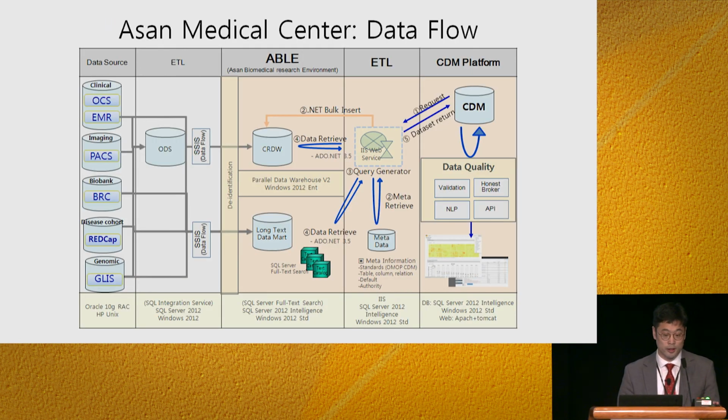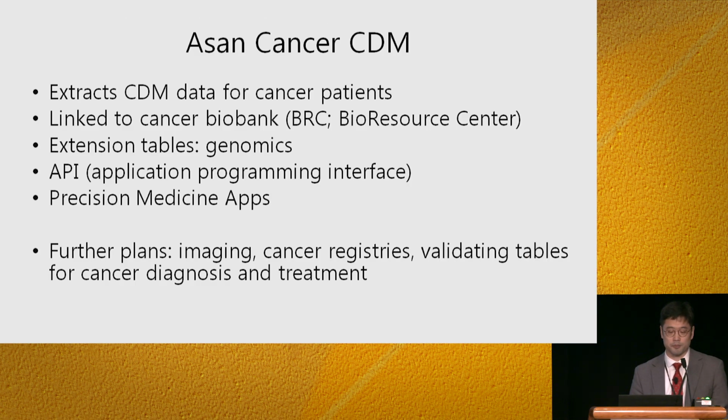This is a diagram of the data flow of our institute, and we were very fortunate to have the OCS EMR, imaging system, tissue bank, REDCap, registry data, and genomic lab information system all together. We would ETL them all to the data warehouse, where they would go on to the CDM, and through the CDM we could capture these clinical phenotypes and genomic data.